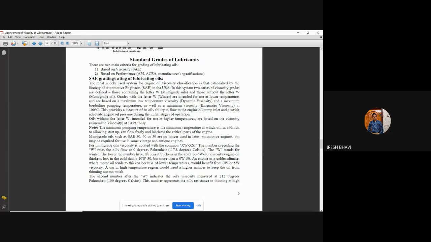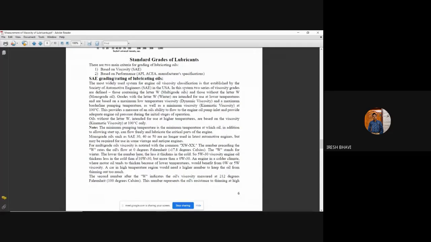So see here, that is 5W30. So 5 is the rating for winter and 30 is the rating for summer. And 10W30. And 0W30: 0 is the rating for winter and 30 is the rating for summer. Consider an engine in a colder climate where motor oil tends to thicken. In colder climate, what happens?